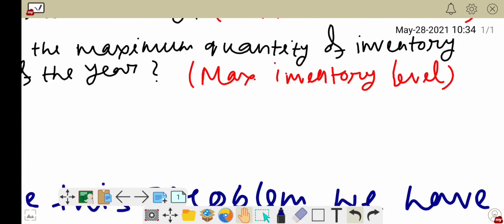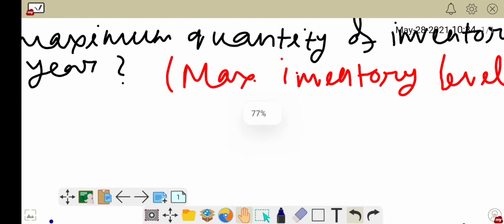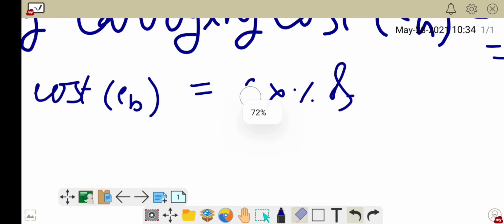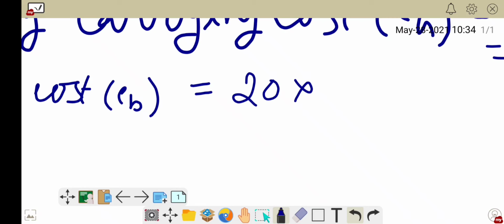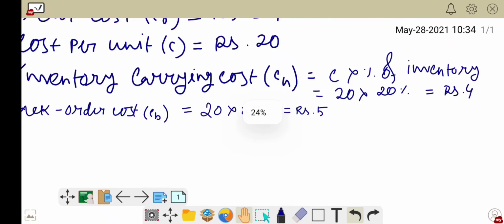The dealer is considering the possibility of allowing some back orders to occur. He has estimated that the annual cost of back ordering will be 25%. So that will be 25% of cost per unit. Cost per unit is 20, and that is 25%. So the amount will be rupees 5 only.